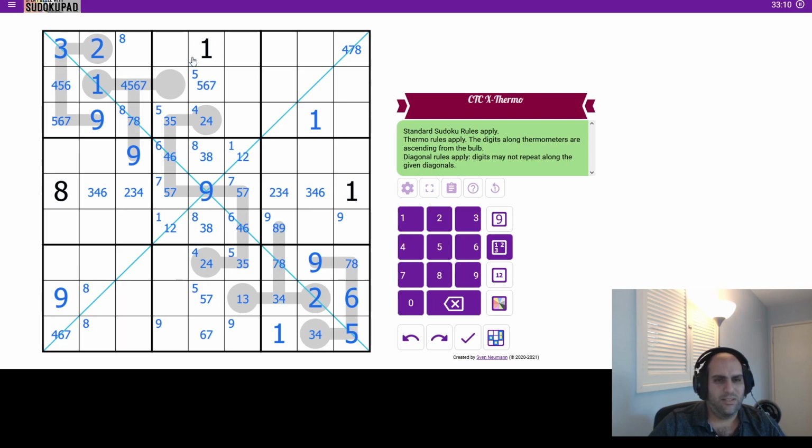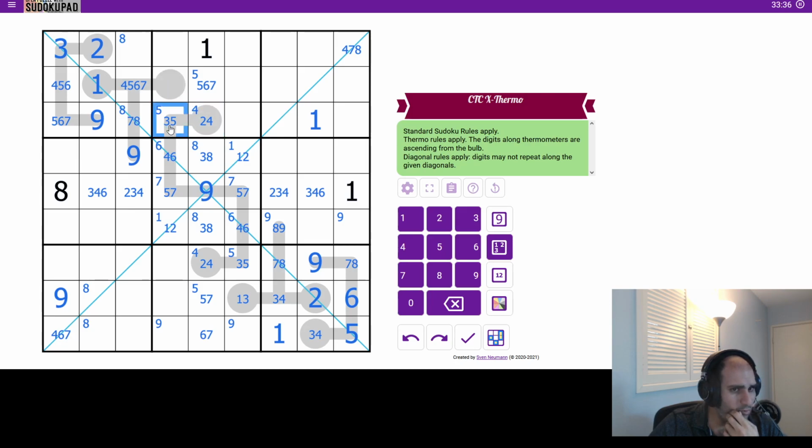So now do I need to ask about 5 in the top row? I don't think so. There's still so many places it could be. Is there a problem with this being 4? Put a 2, 3 in here?